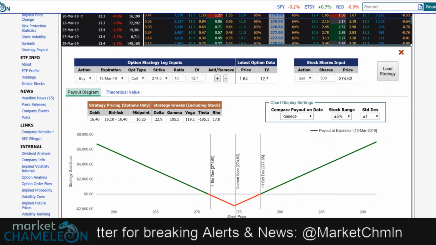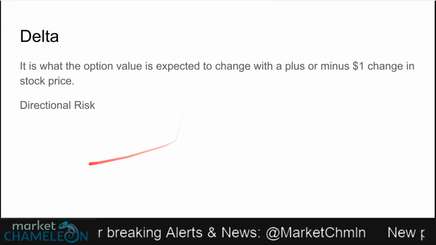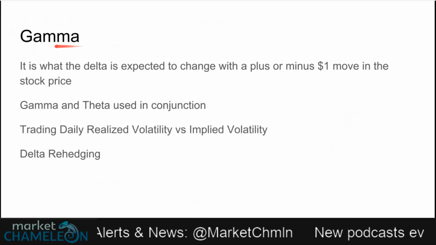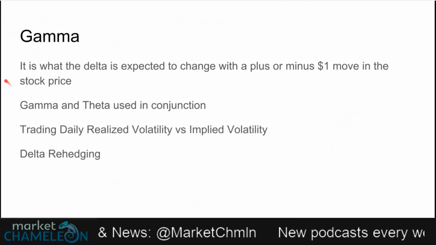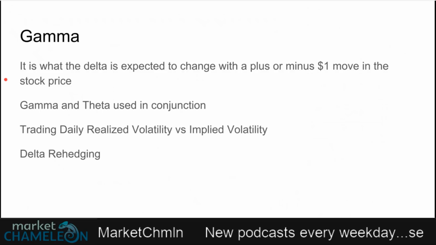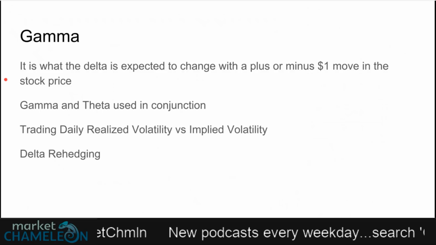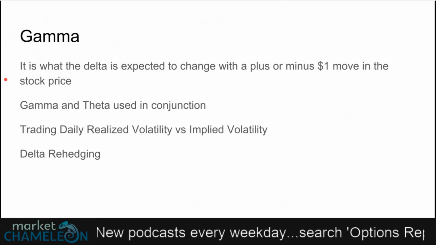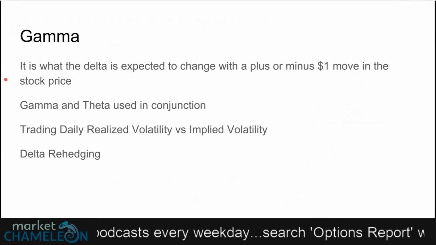And let's get then to the next Greek. This next Greek is going to be the gamma. The gamma is what you're expecting the delta to change by with a dollar move in the stock. So we're delta neutral right now.